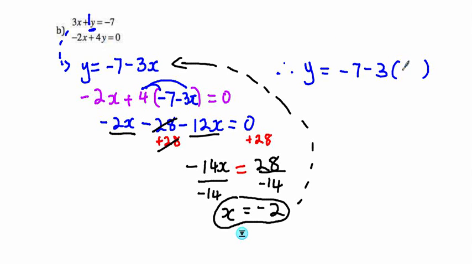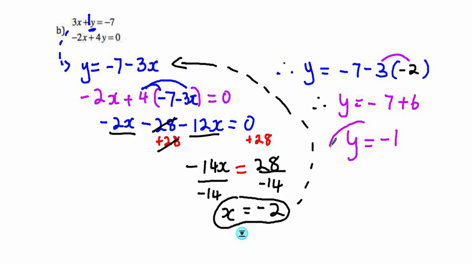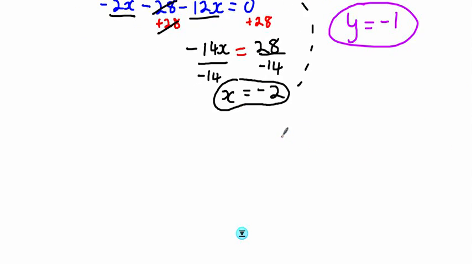We have established that x is minus 2, so y is equal to minus 7 plus 6, since minus 3 times minus 2 gives us plus 6. y is equal to minus 1, and we have our solution, x equals minus 2, y equals minus 1. As mentioned before, the solution can be written in the form of an ordered pair.